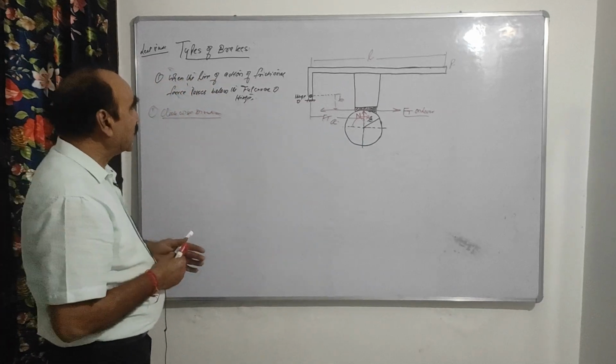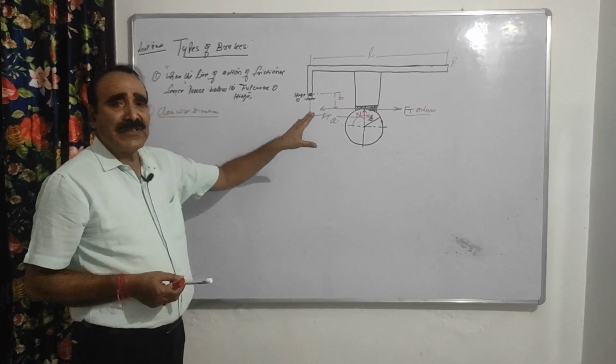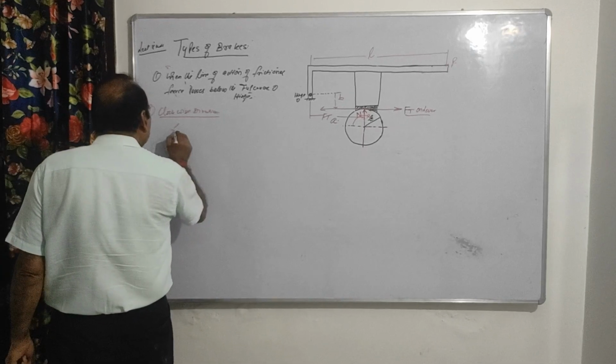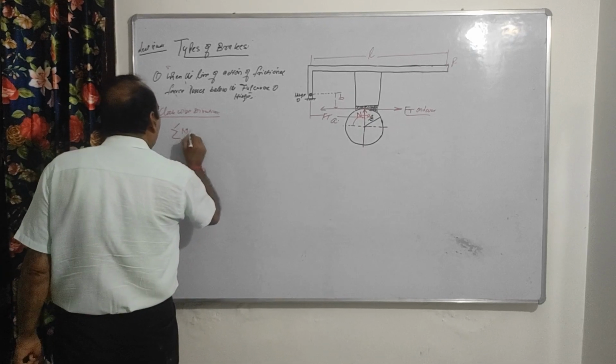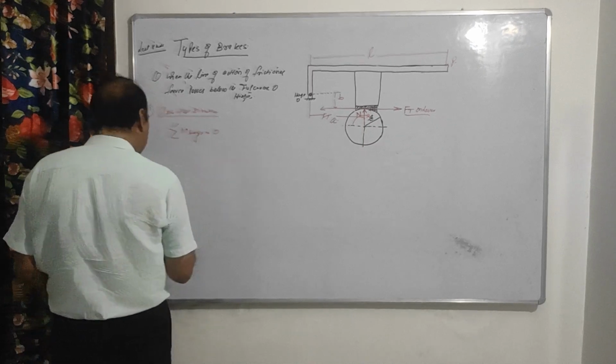Again, the same procedure: we will take the moment about the hinge, and that is equal to 0. So the sum of moments about the hinge is equal to 0, right?